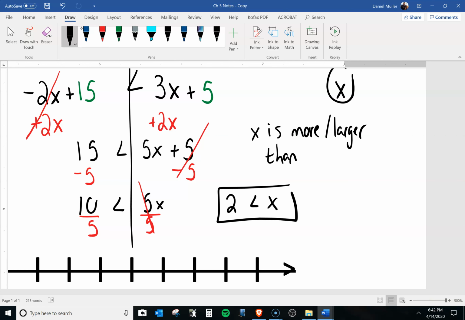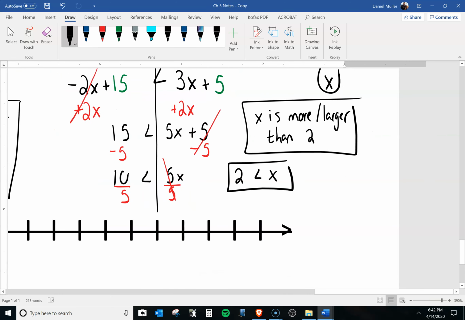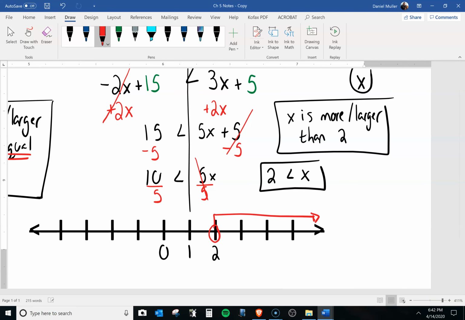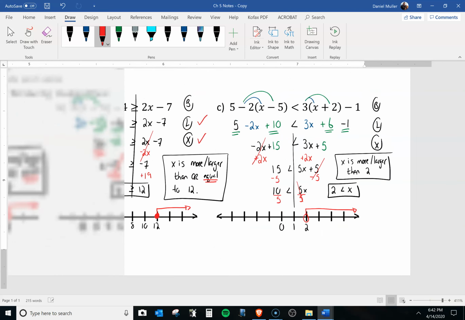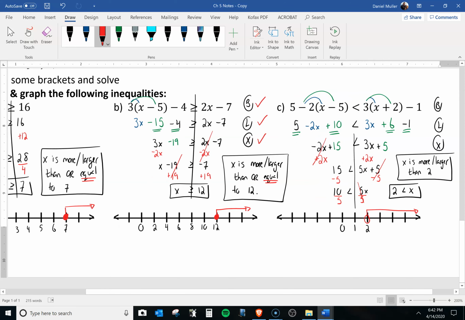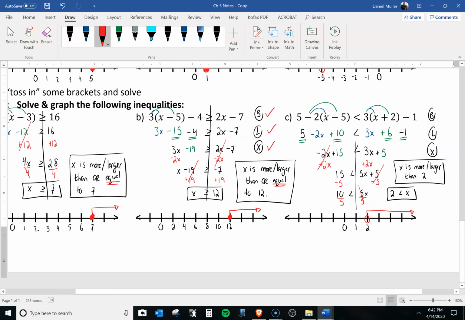So x is larger than 2. So I can just put 2 on here, so I'm going to make 0 here. I'll make 2 here. It's larger than it, so here's my open circle, and larger is to the right. So it looks like all of these were to the right. 2 of them were equal signs, so I filled in the dot. The last one was an open circle, so I did not fill in the dot.